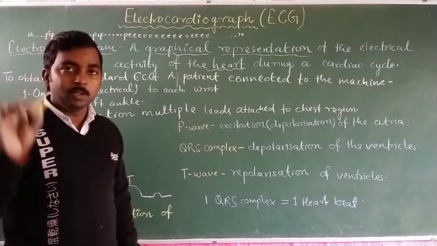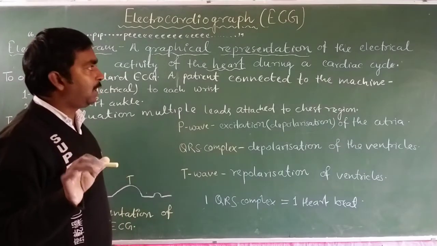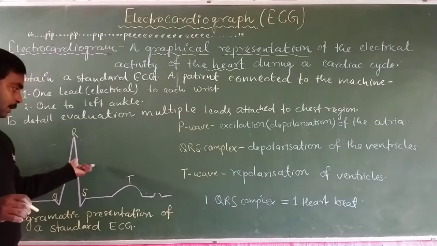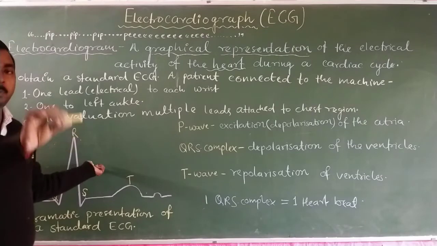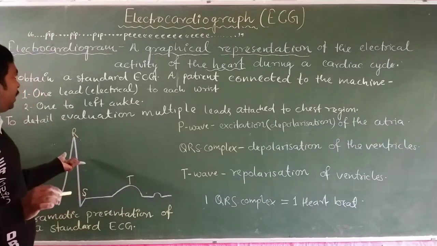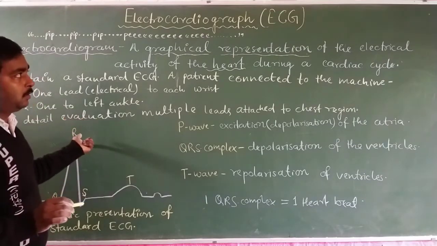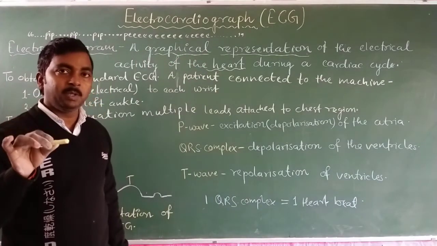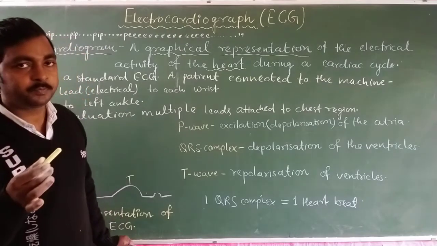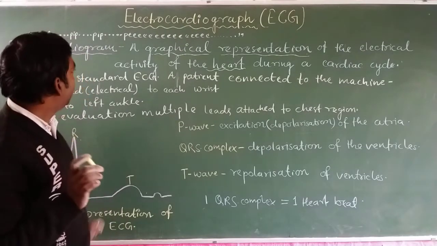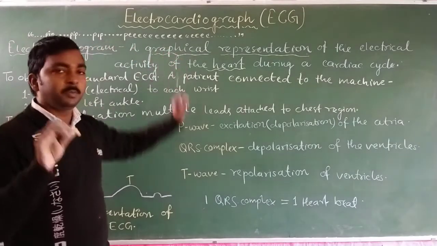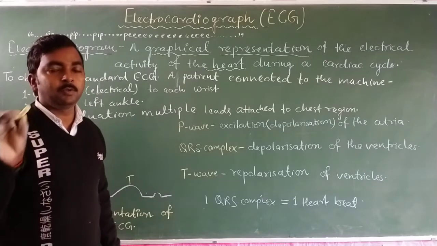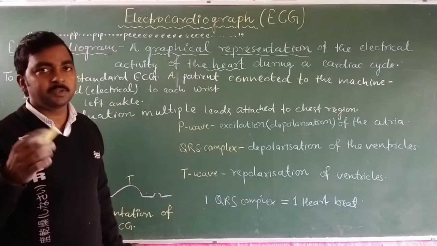So for one cardiac cycle there is a single electrocardiogram, and we can observe a number of repeated electrocardiograms in 1 minute, about 72, because each represents one cardiac cycle, and in 1 minute about 72 cardiac cycles are completed.